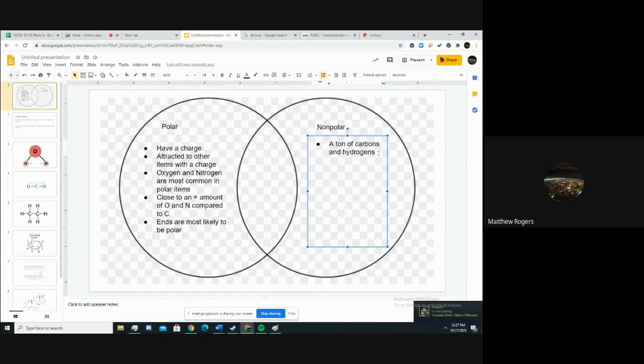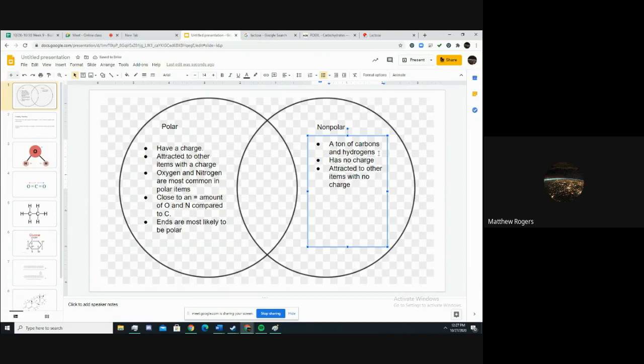Okay. Next, we could just go opposite polar. This has no charge, and it's attracted to other items with no charge.